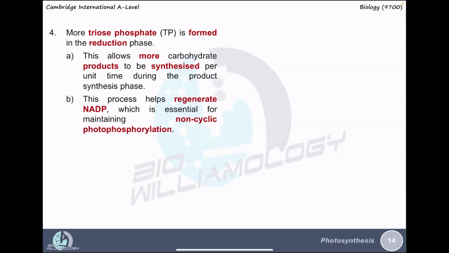And this process also helps to regenerate NADP, which is essential for maintaining non-cyclic photophosphorylation. And be careful in this case, cyclic photophosphorylation does not require NADP, but with the reduction phase, more GP is reduced to TP, and therefore more NADP can be regenerated for use in non-cyclic photophosphorylation.